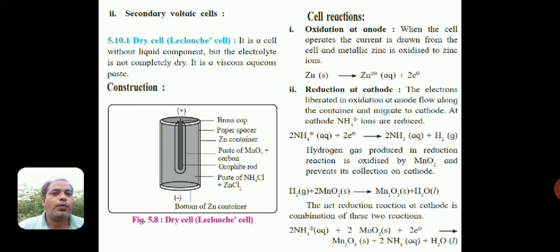Then that H2 plus 2 MnO2 gives Mn2O3 plus H2O. Combining these reactions, the net reduction reaction at the cathode is 2 NH4+ plus 2 MnO2 plus 2 electrons, which gives Mn2O3 plus 2 NH3 plus H2O.